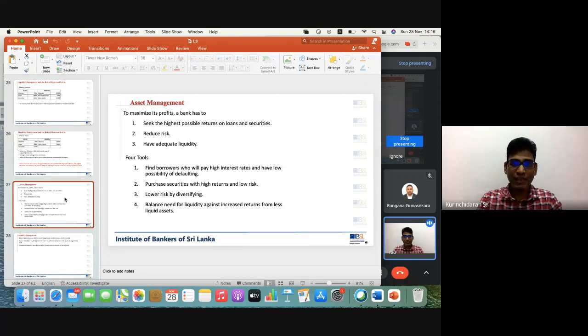Similarly, if you want low risk, then you have to go for treasury bills. Then it's low interest, low returns. And if you go for highly liquid assets, maybe cash or treasury bills or bonds, then your returns are very low. So it's contradictory. That's why management is necessary for this, because these objectives are different.